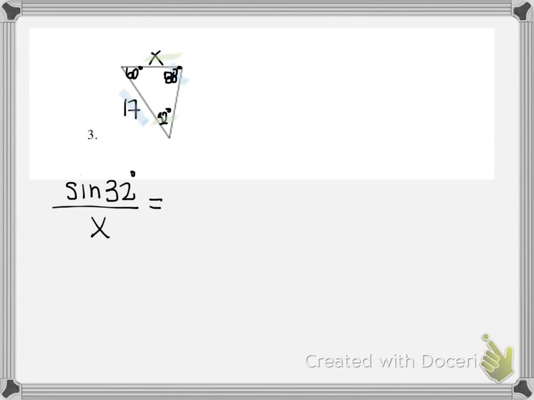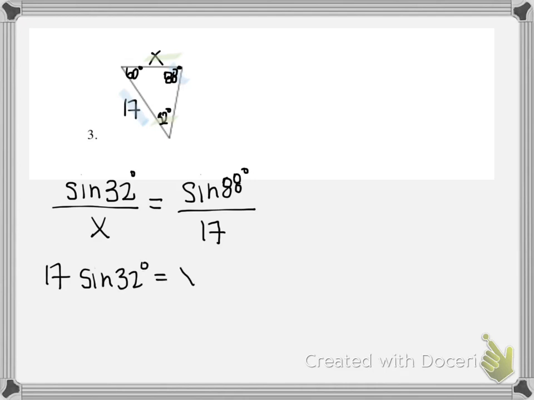So now we can say sine of 88 degrees over 17. So solve this one: 17 times sine of 32 is equal to x times sine of 88. Divide both sides by sine of 88.